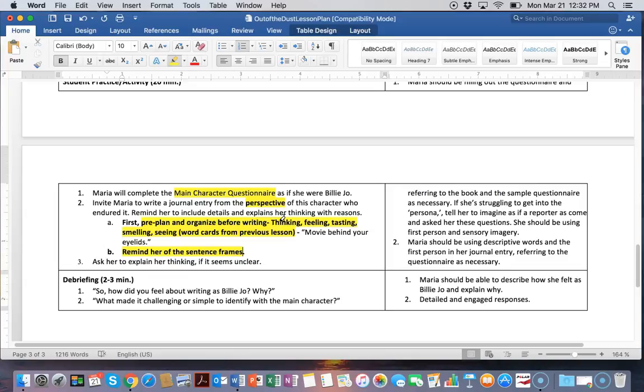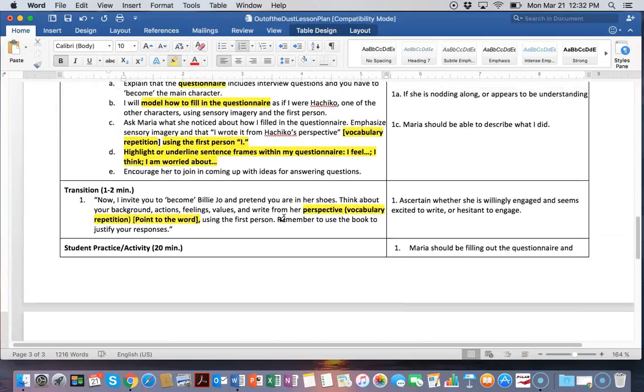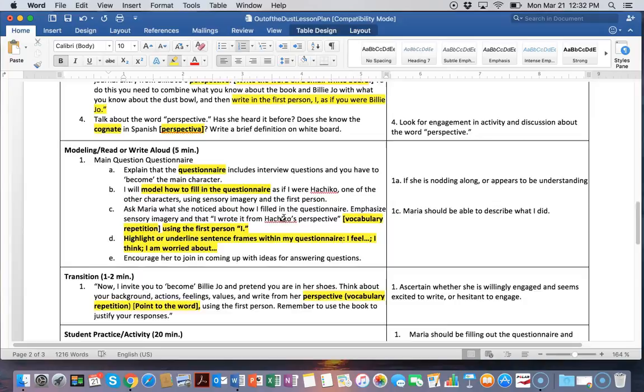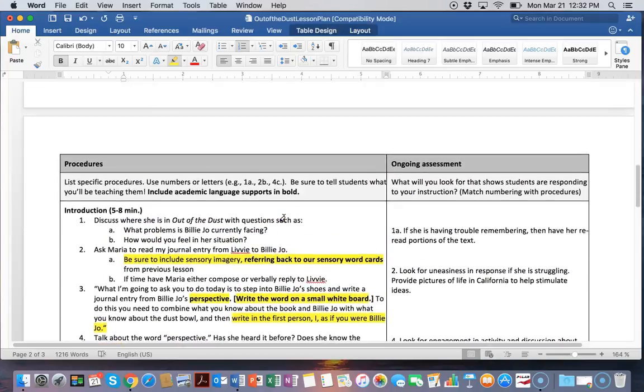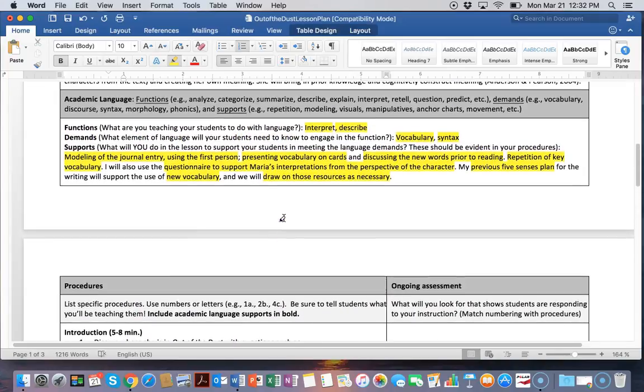So you can see that there are also all kinds of academic language supports in this lesson. And you can see that the tutor has bolded them in the procedures, and we can go back and, for the most part, map them onto the very specific things that she included in the academic language supports portion of the lesson plan.